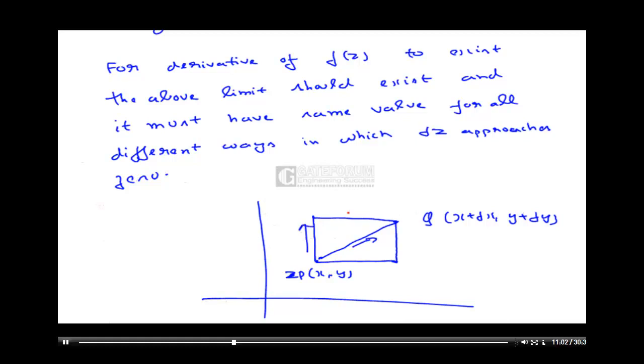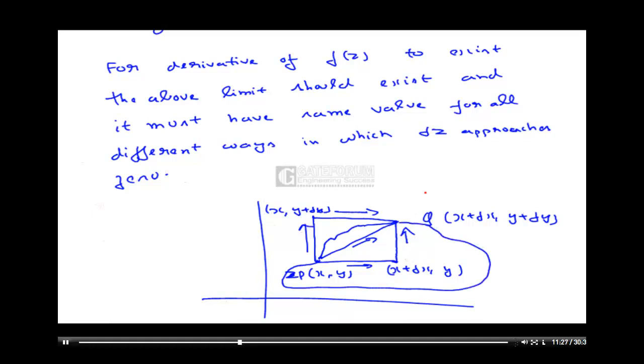But if I go first to (x, y plus delta y) and then to (x plus delta x, y plus delta y), or through (x plus delta x, y) and then here, that is a different path. There are any number of ways possible. Now the value of this limit should be the same for all the ways. Whatever way I follow, this value should be the same. When this value is the same for any number of ways, then I can say that the derivative of a complex function exists.